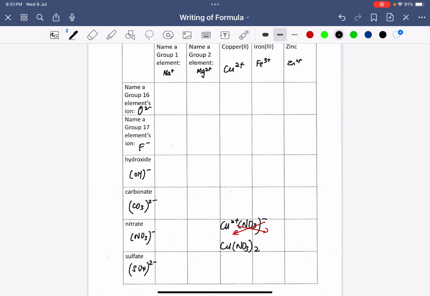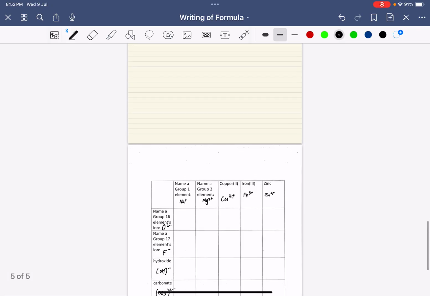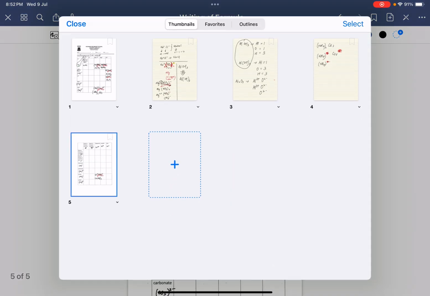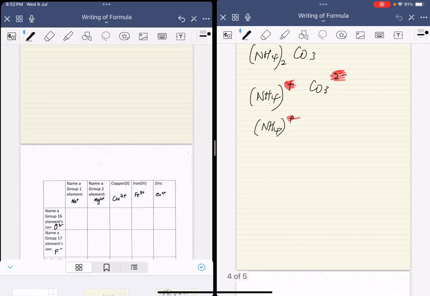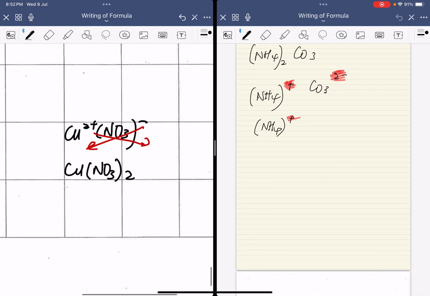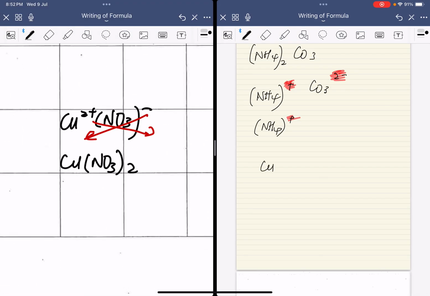So what does that mean for copper nitrate? It means if I have 1 copper 2 plus, I need to match with 2 sets of nitrate.